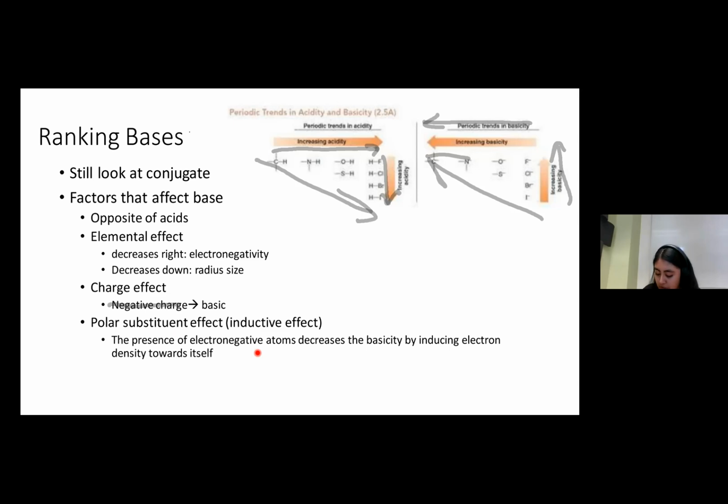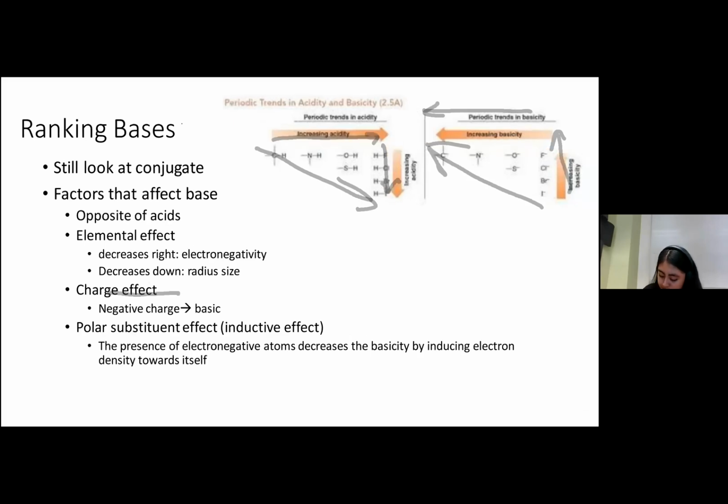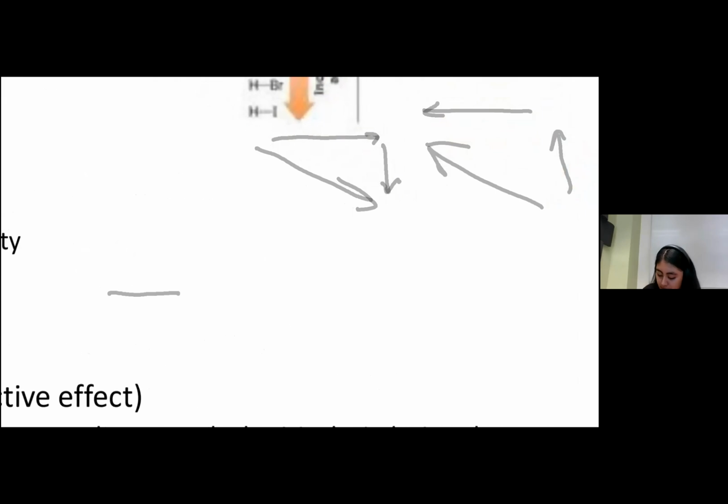And I'm just going to do a very simple example on that. Sorry, this is bases, so it's going to have a minus charge, versus something that looks like this, right?